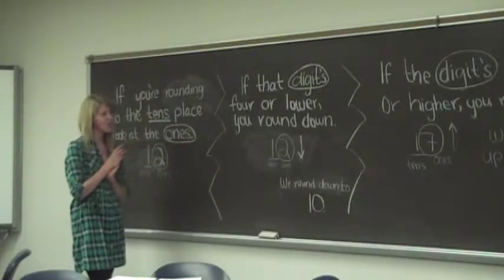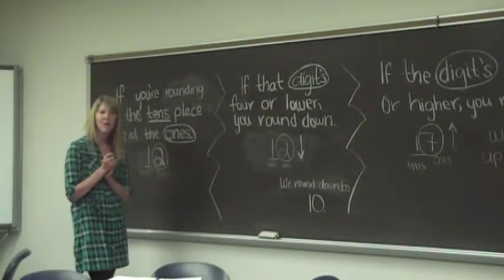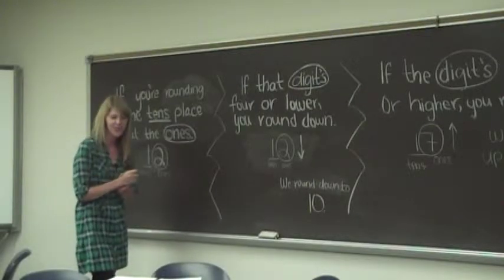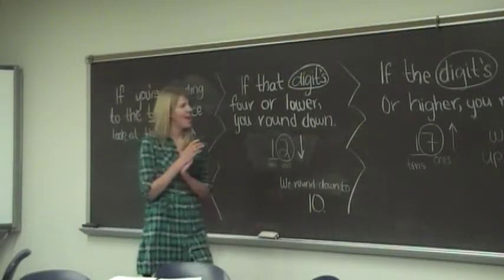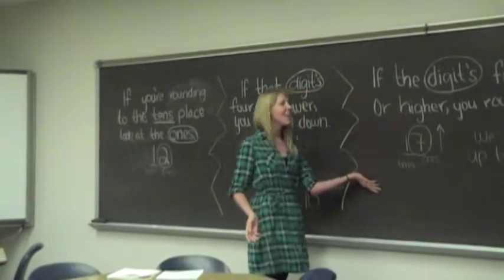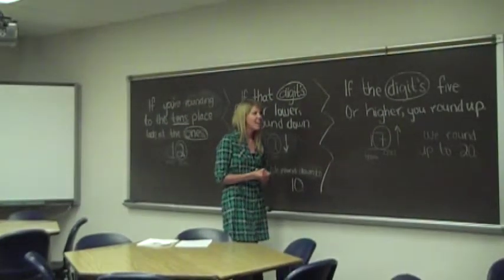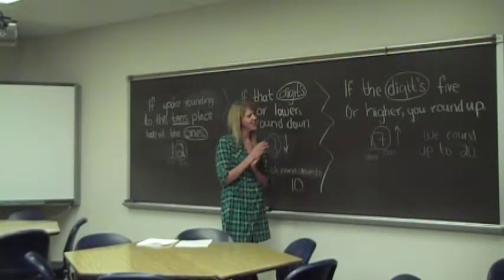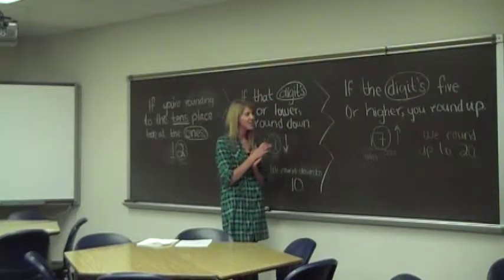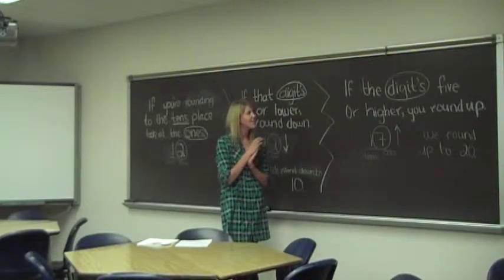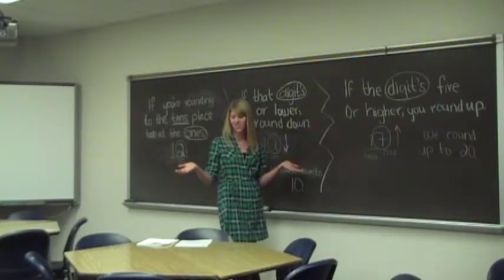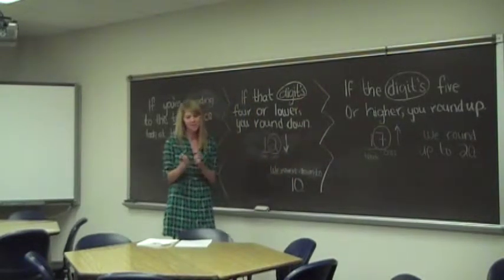If that digit's 4 or lower, then the number will be smaller. If the digit's 5 or higher, you round up. If the digit's 5 or higher, then the number will be larger.